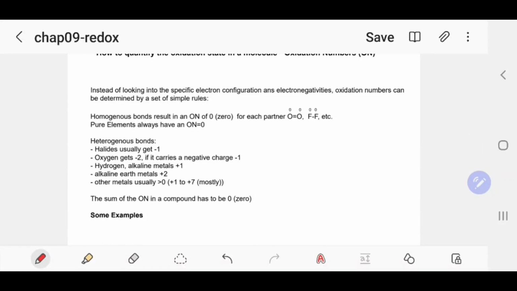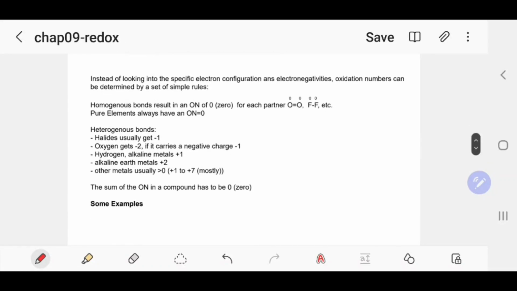Now, these are general rules to consider when you want to write the oxidation numbers. First, you don't always have to write the electronic configuration and check which one is more electronegative to determine the oxidation numbers, because you can follow some simple rules.